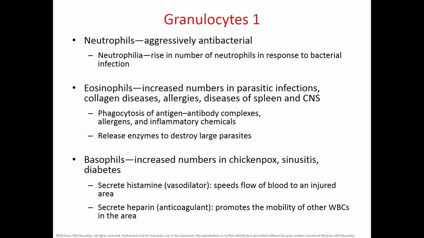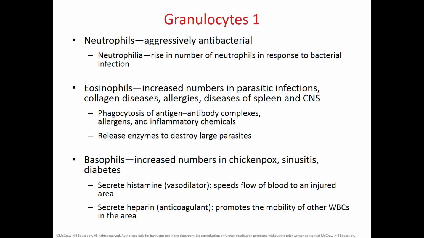So in functions, the neutrophils are antibacterial, so they increase in number when someone has a bacterial infection. The eosinophils protect us from parasitic infections, and they increase in numbers when someone has diseases of the collagen, which is a protein of the connective tissue, among others.